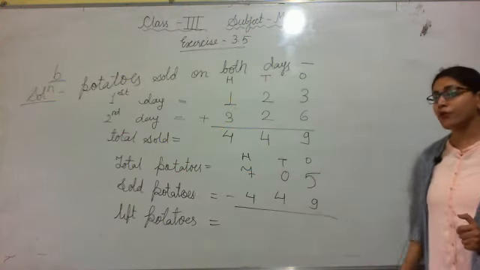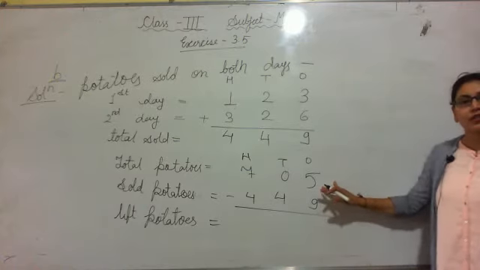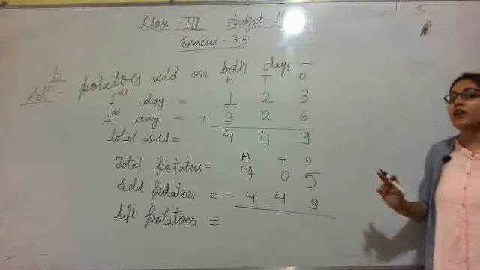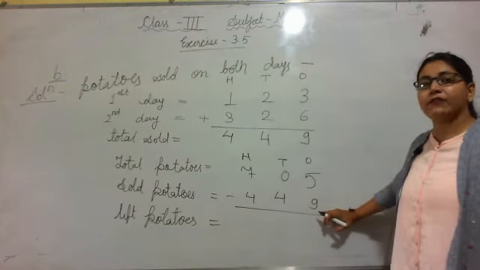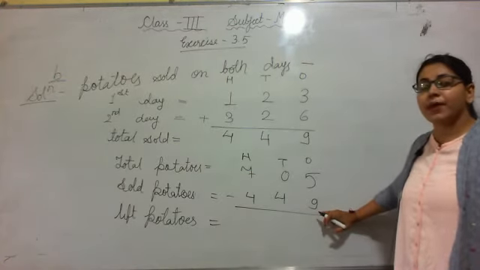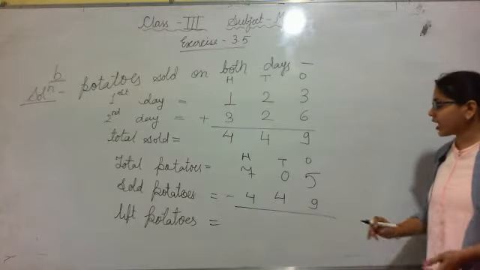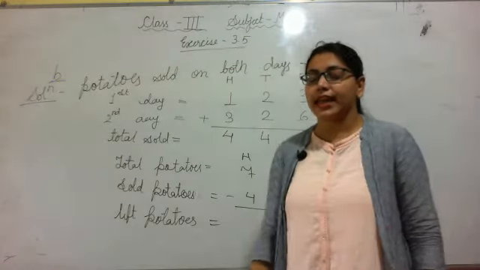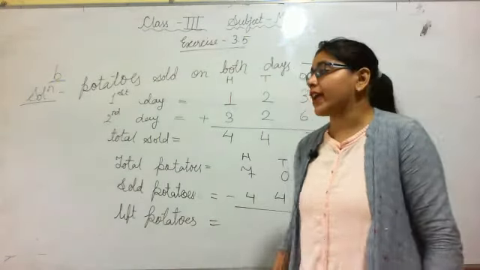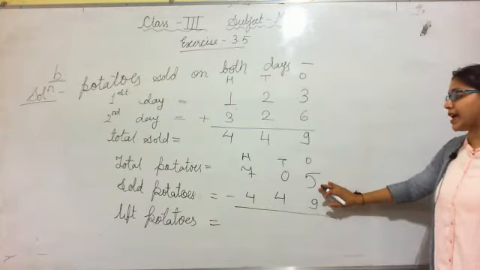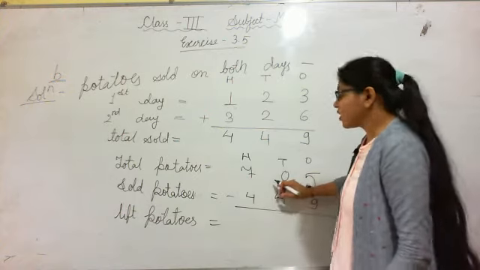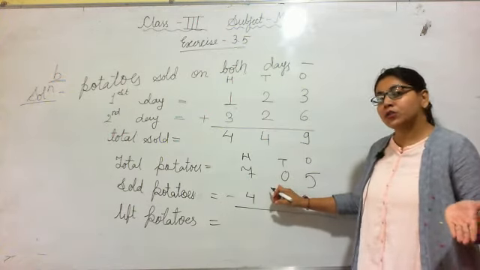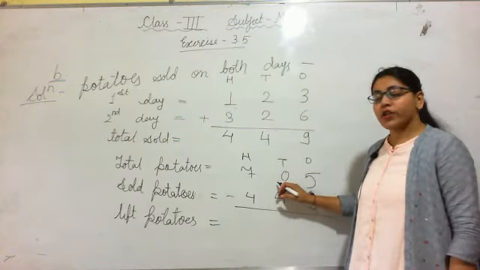Now can we remove 9 from 5? No, because 9 is bigger number and we always subtract smaller number from the bigger number. So now what will be the next step? Borrowing. For making this 5 bigger, we will borrow a 10. Oh, this tens place is also 0. So we cannot borrow now.